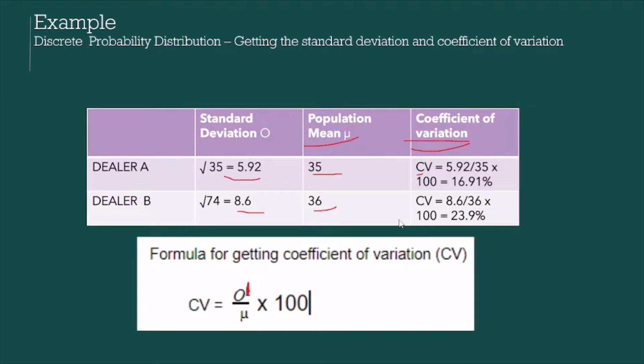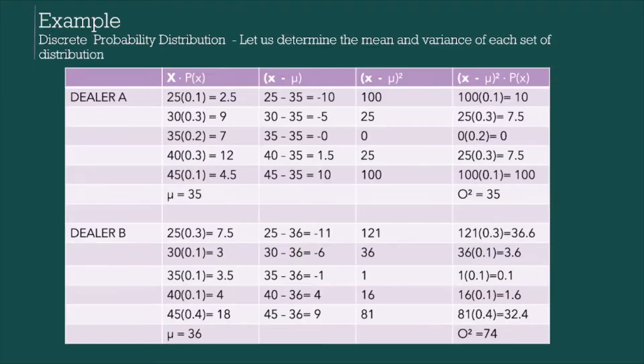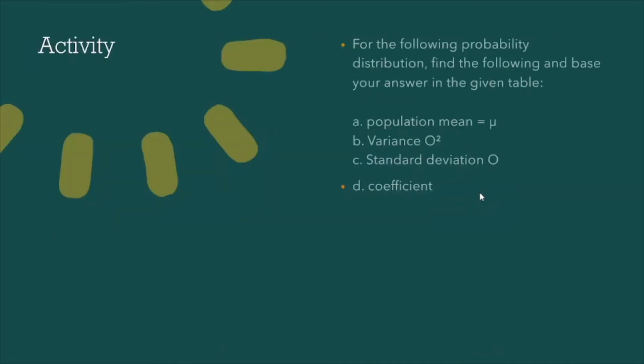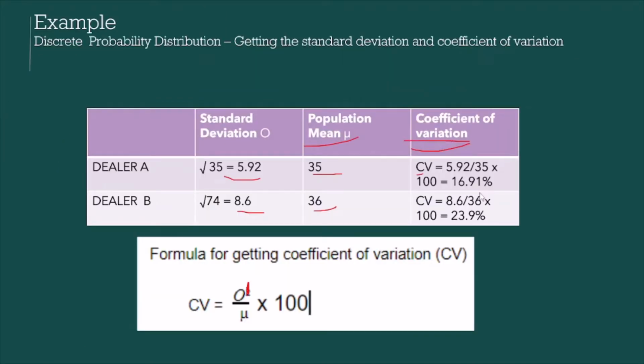So in our interpretation for this problem example, what is the best car dealer for the year based on the overall performance? Now that means the best dealer for cars is the dealer B. It is much more variable than dealer A, since dealer A is just 16.91%, while dealer B is 23.9%.